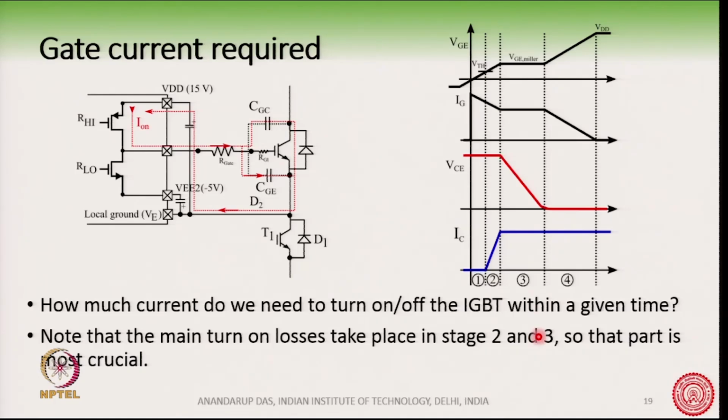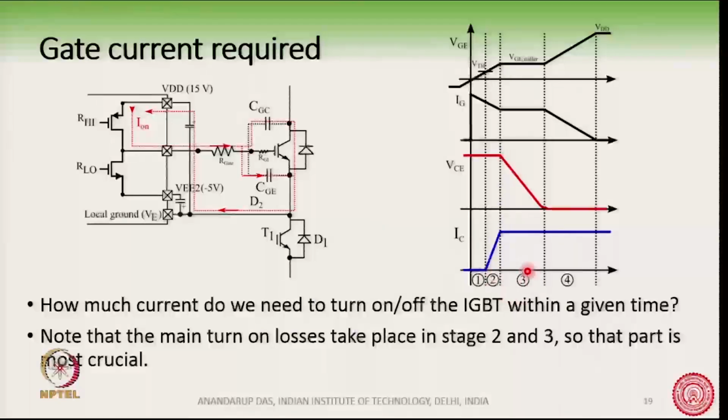So, if we can reduce these times, it is advantageous in reducing the turn on switching loss. Unfortunately, stage 2 and 3 cannot be reduced too much, because it will have other consequences. So, we will always have a design compromise. What are the other consequences? We will talk about it.